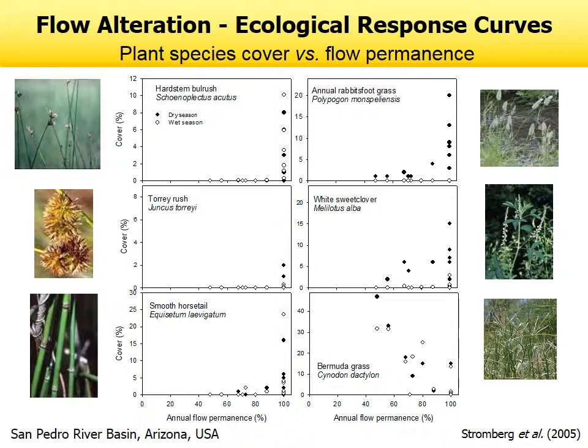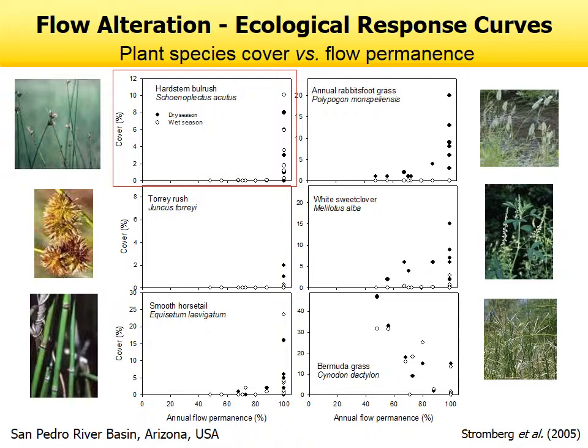I'll just highlight one example, but you can see the relationships are very different for different species along the river corridors. If we look at the hardstem bulrush in the top corner, we can see that there's a very distinct relationship between flow alteration and ecological response.